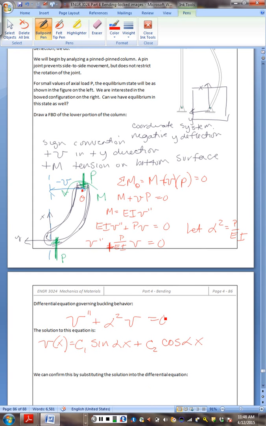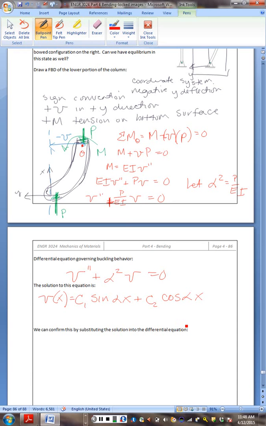That's always the solution to this homogeneous case. And we can confirm that by taking the derivative and substituting all of this back in.